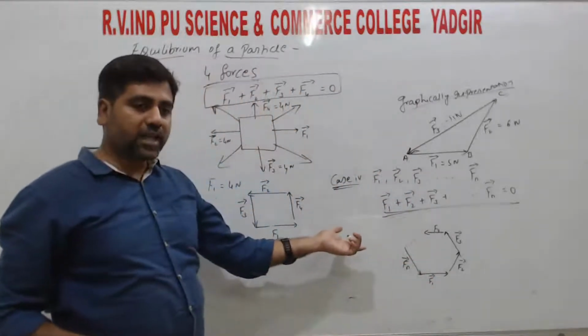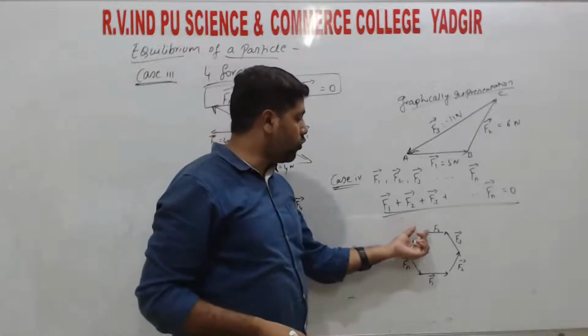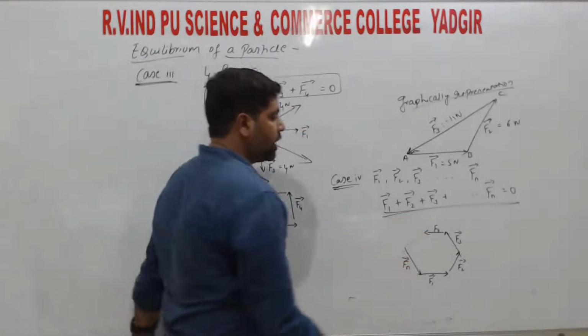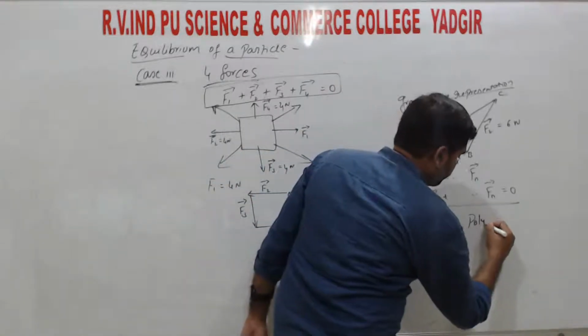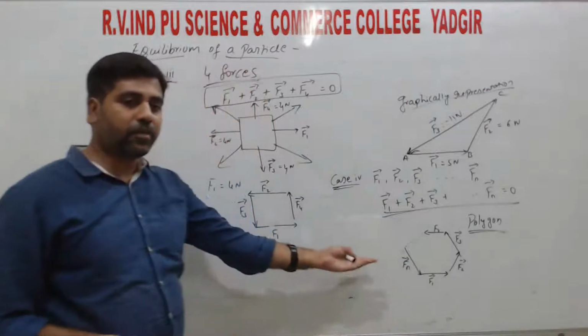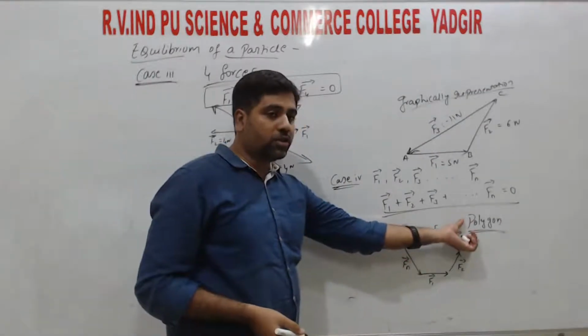So 5 forces acting means pentagon, 6 forces acting means hexagon, and more than 6 we call it a polygon, right? So graphical representation, we represent that force in the polygon shape, right?